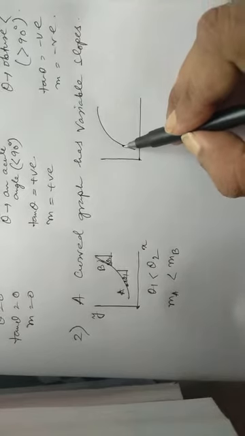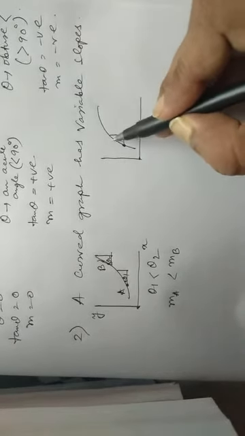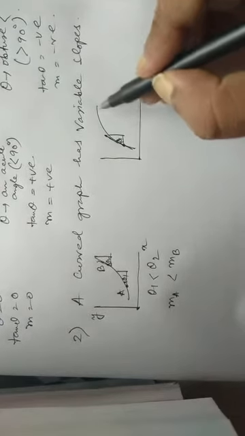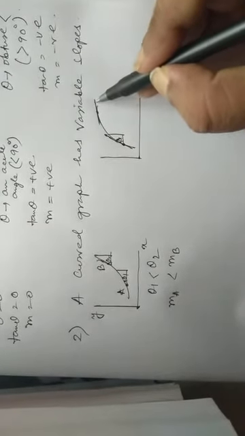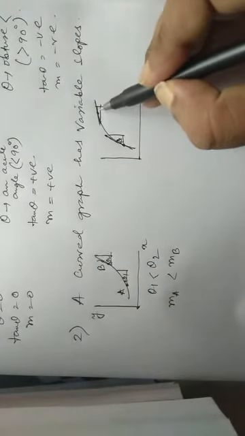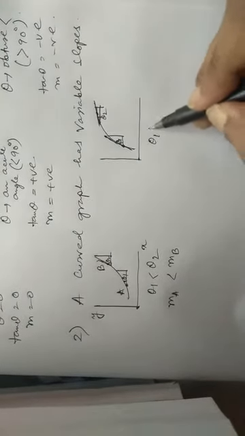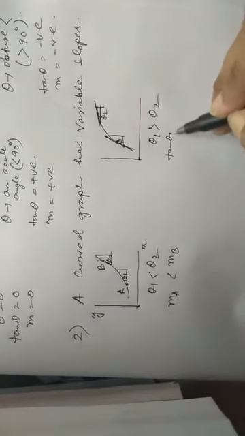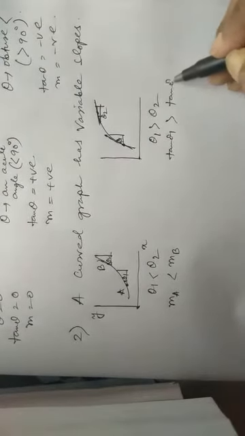Similarly, theta 1, theta 2. Here theta 1 is greater than theta 2. Therefore tan theta 1 must be greater than tan theta 2.